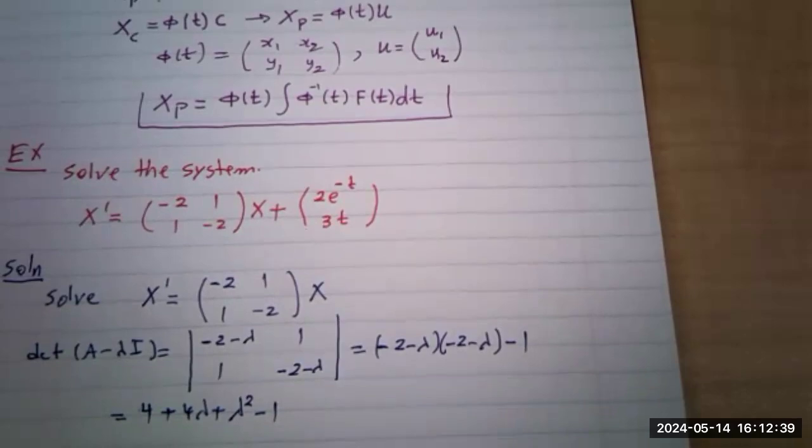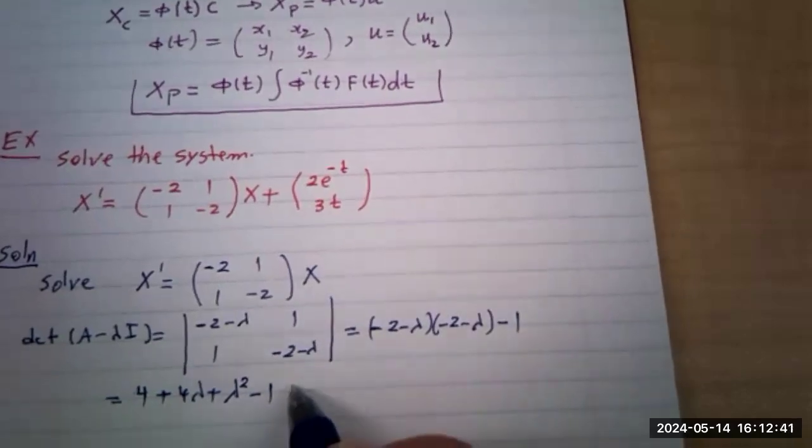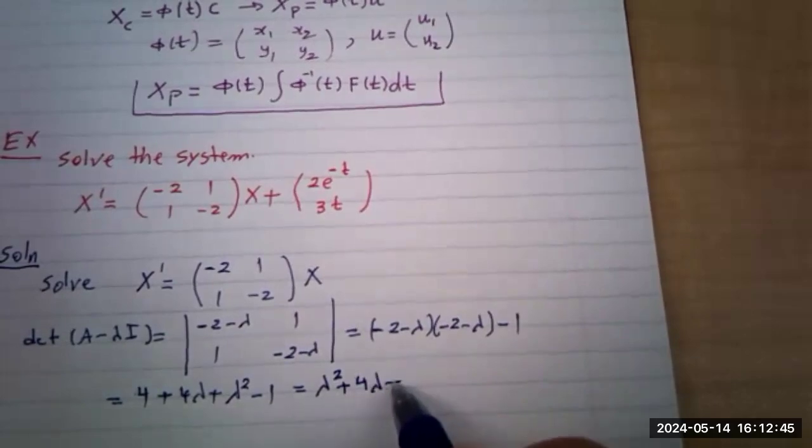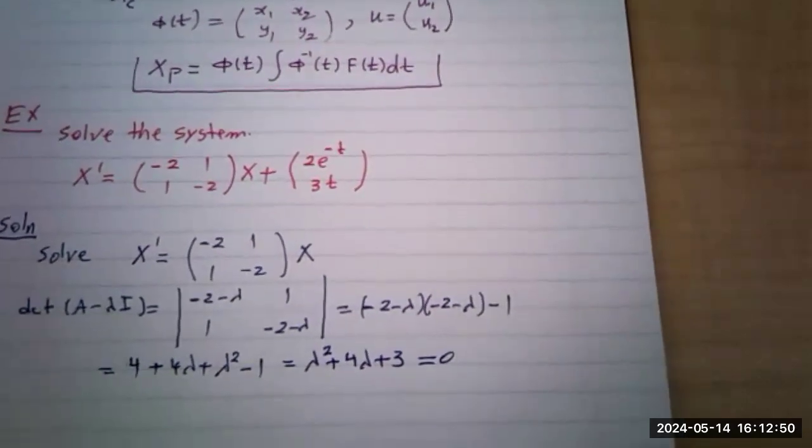So combine the like terms and write it in quadratic form: lambda squared plus 4 lambda plus 3 equal to 0, an easy equation to solve.